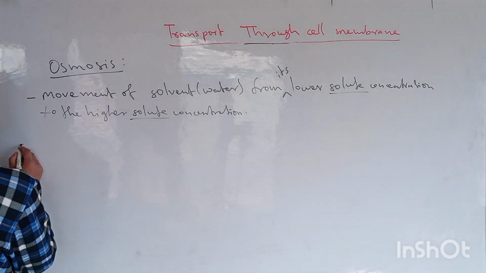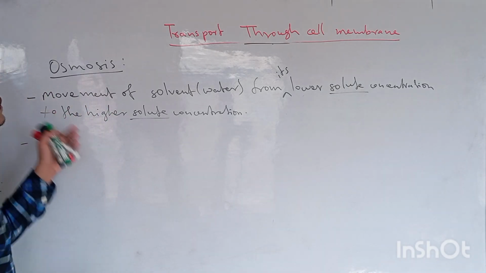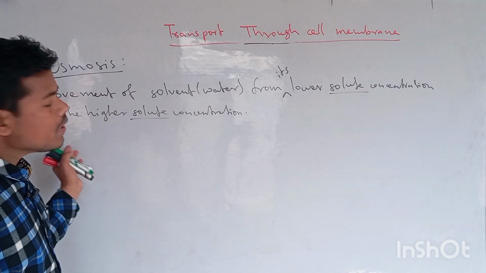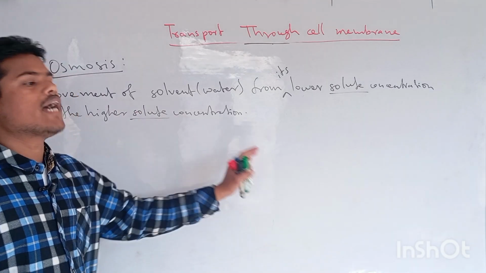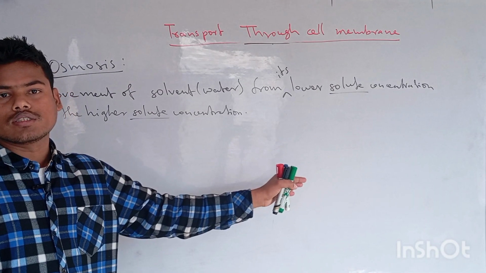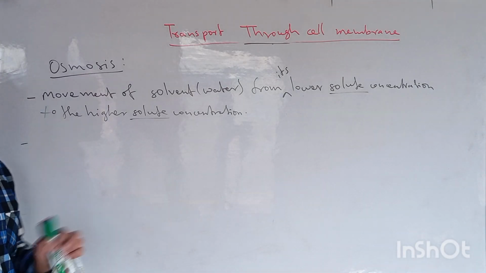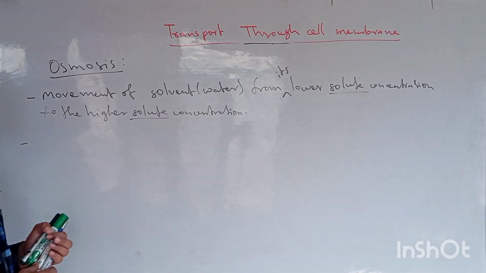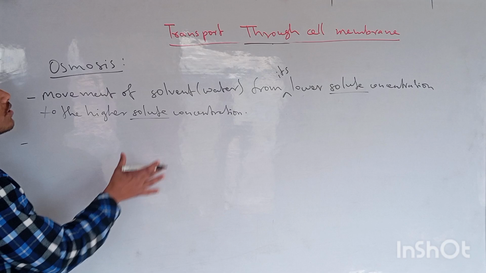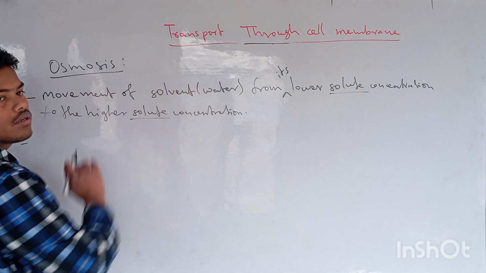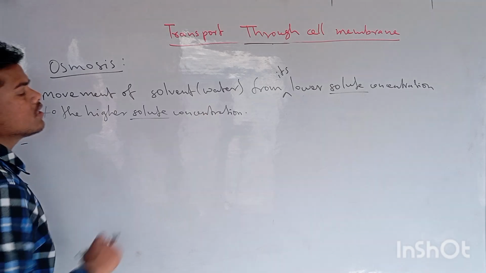Some authorities also define it as the movement of water or solvent from its higher concentration to the lower concentration. In simple language, where there is a higher amount of water, we call it the higher concentration, and where it is lower, the lower concentration.